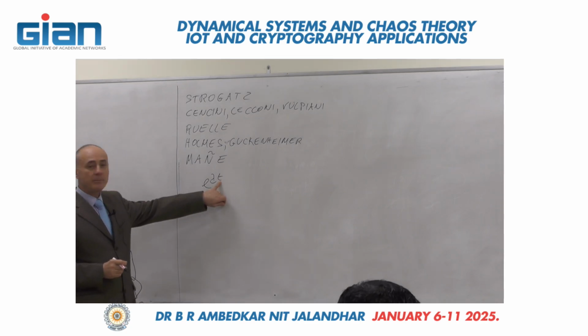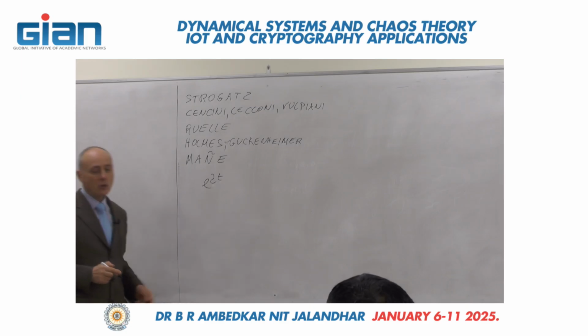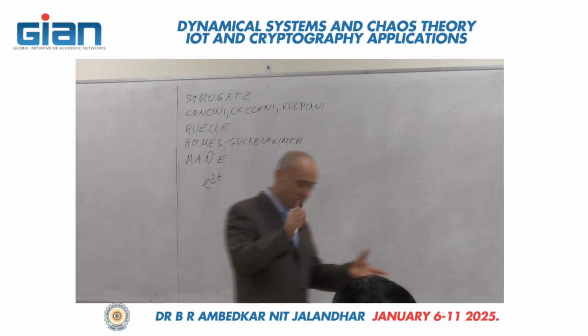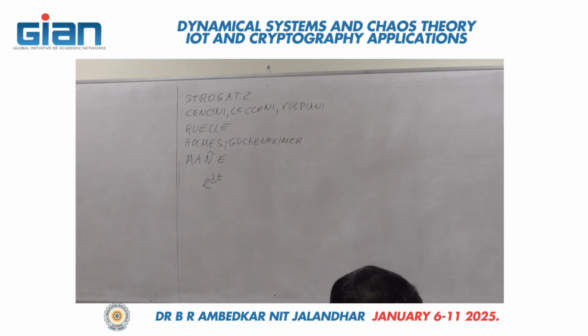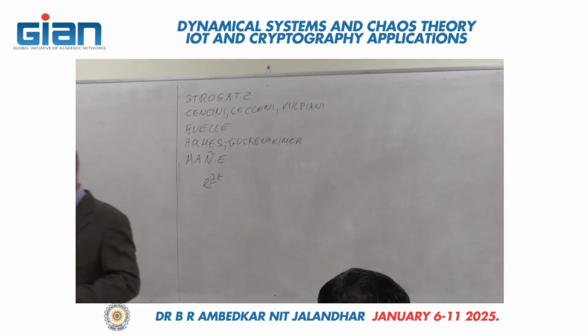So this is time, then this must be 1 over time. Okay? So for weather forecasts, more or less, you have a Lyapunov exponent of 1 over a week. So if you want to do predictions that go beyond the week, tough.